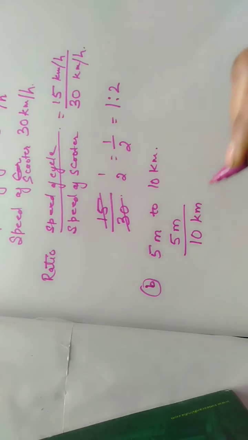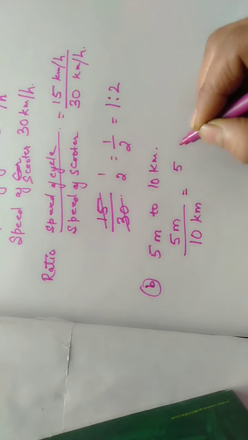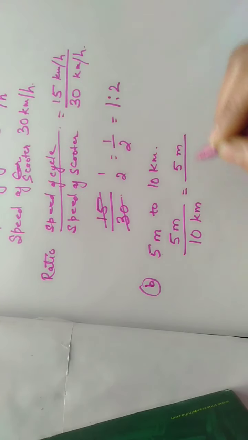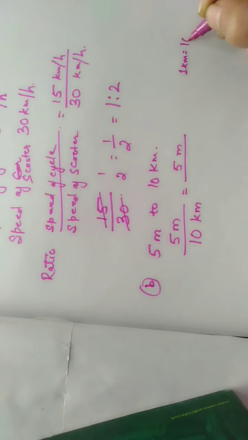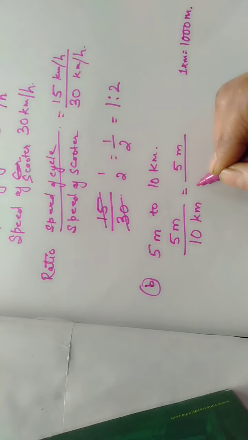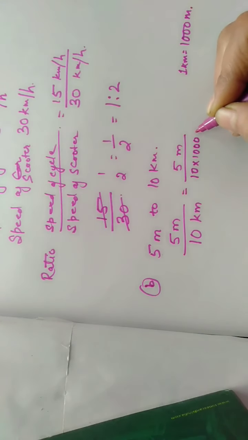Now both have different units, so you have to make the unit the same. 5 meter upon 10 kilometer is converted into meters. We know that 1 kilometer is equal to 1000 meters, so 10 kilometer will be equal to 10 into 1000 meters. Now both are in the same unit.